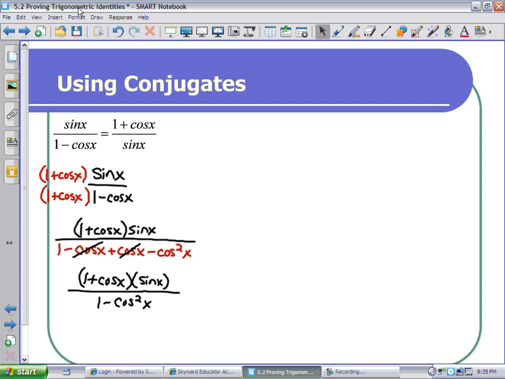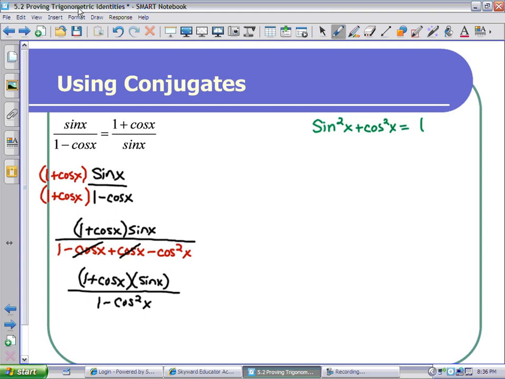So if we think about our Pythagorean identity, the Pythagorean identity says we have sine squared x plus cosine squared x, and that's equal to 1. If you look at the denominator, it says 1 minus cosine squared x.